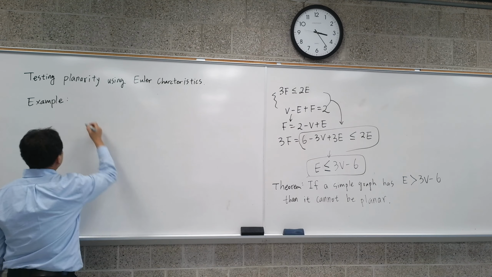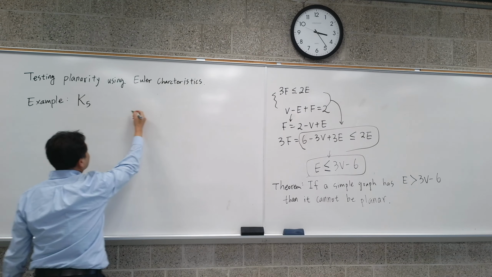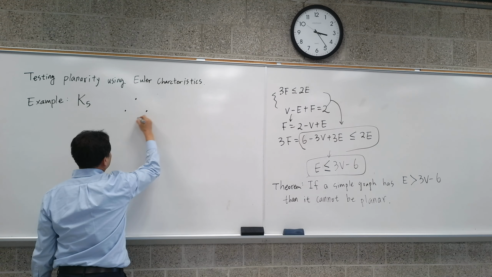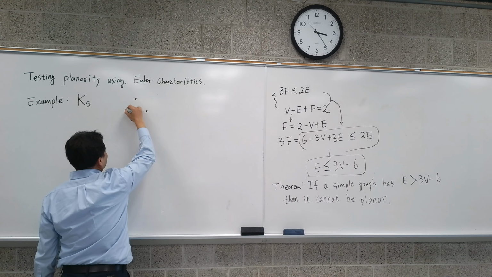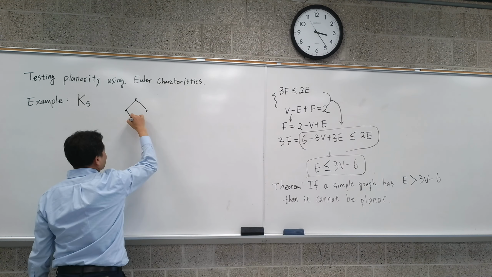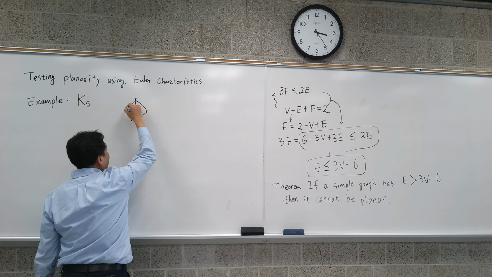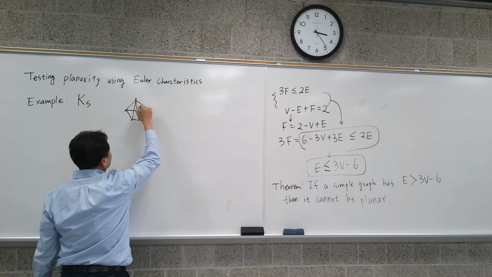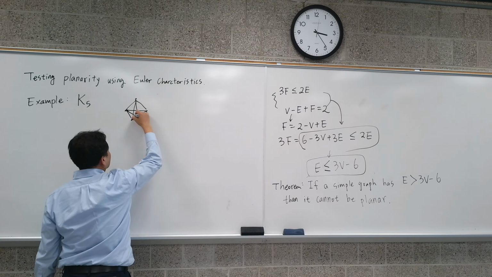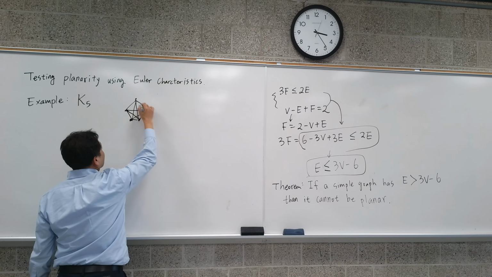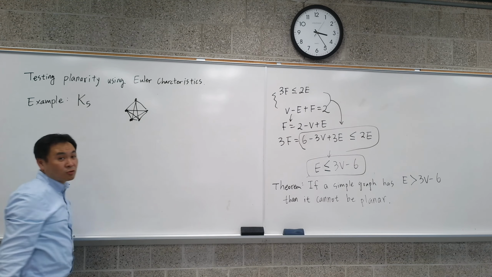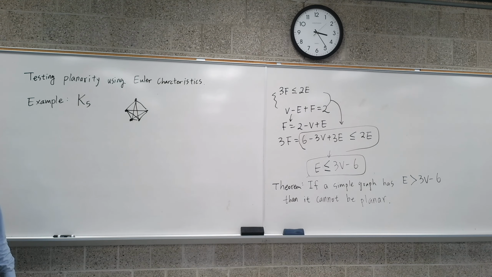So let's think about K5. What's K5? You have 5 vertices and you think about all possible connections. So I drew every possible edge between vertices for 5 points.